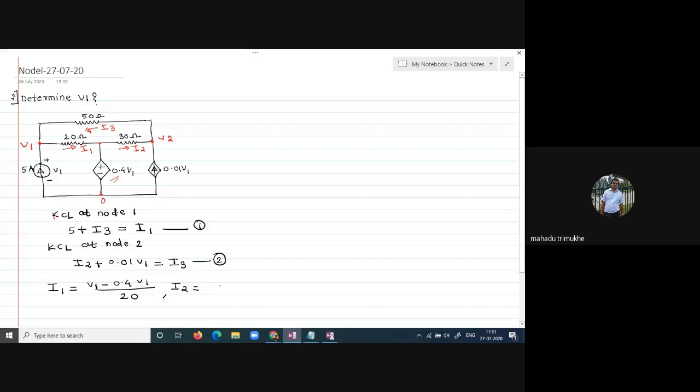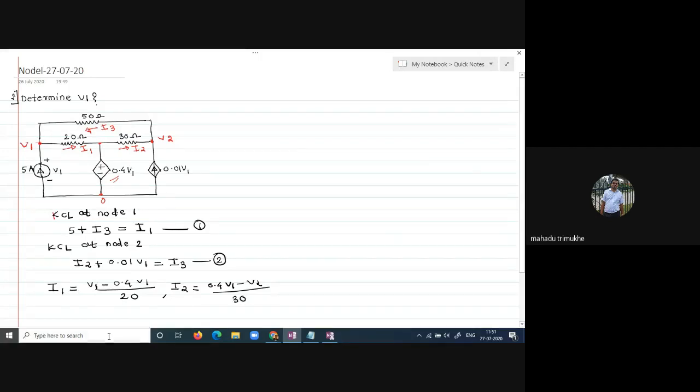I2 is equal to what? Anybody tell me? I2 is nothing but 0.4 V1 minus V2 divided by 30, right?